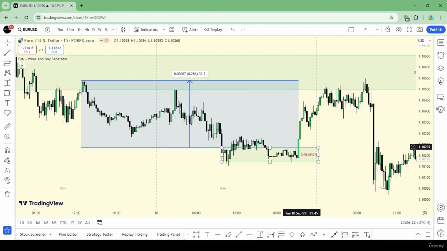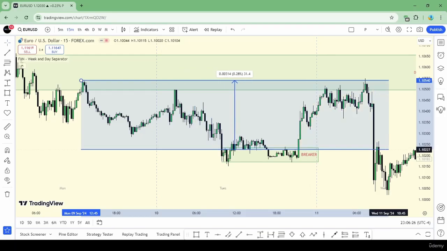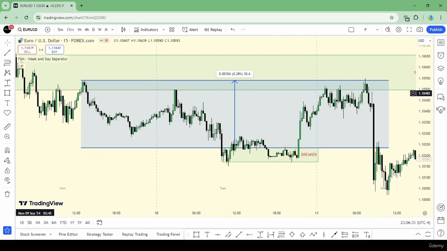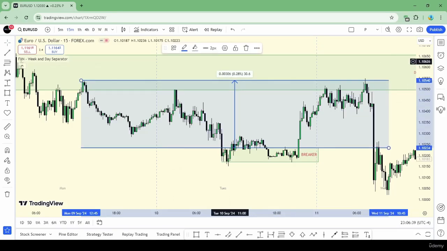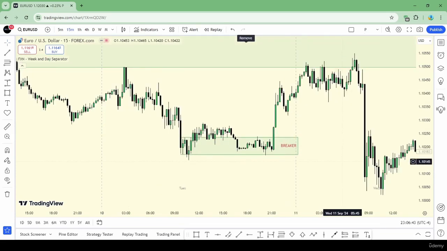So let us see if we hit that high. Yeah, we get a hit, but I think I can advise that the daily high is the best place for you to offset your position. Yes. So that's an example of what the strategy is about.